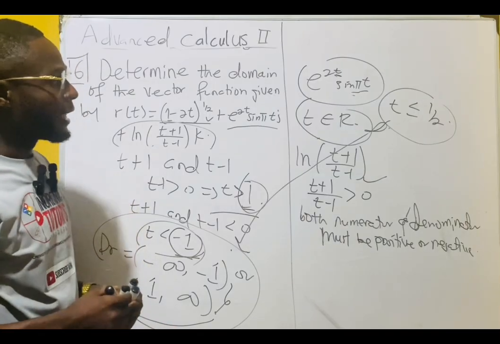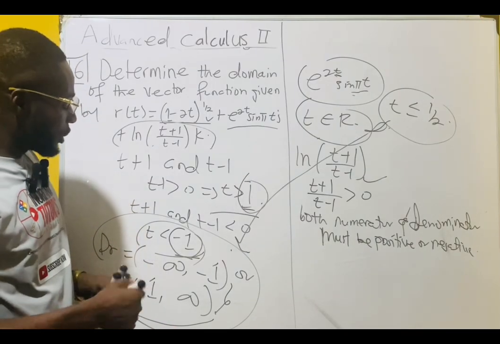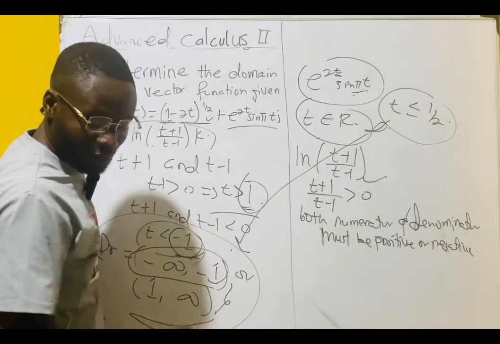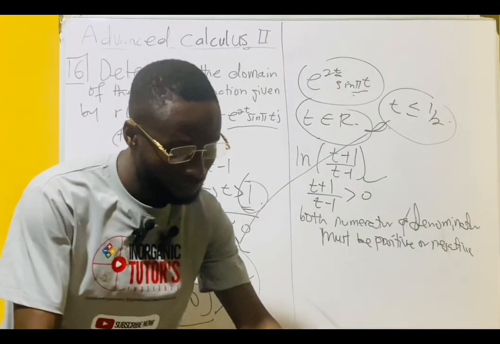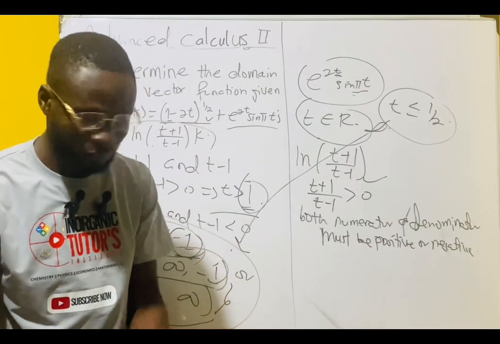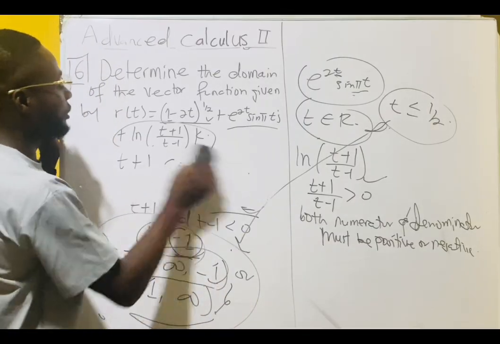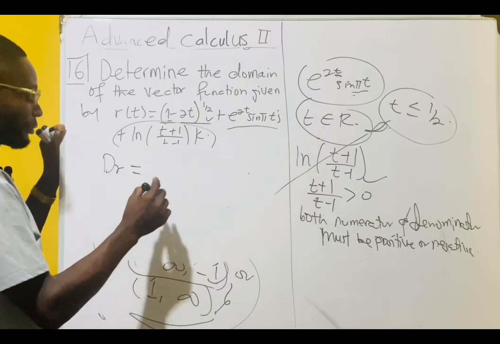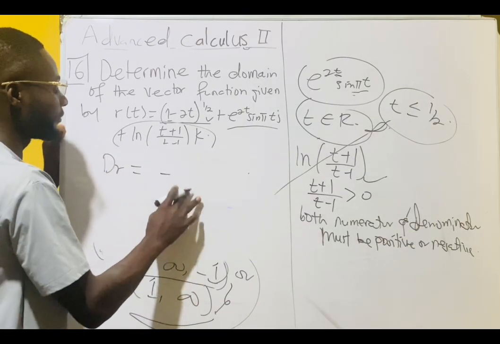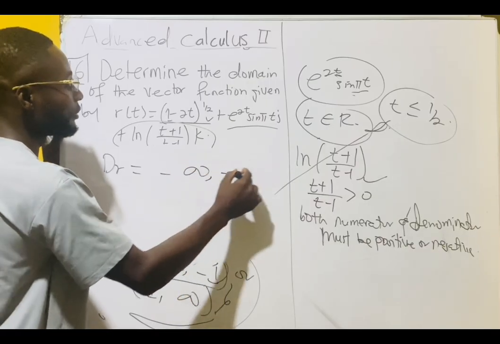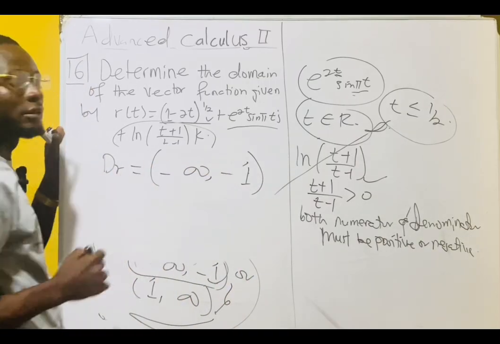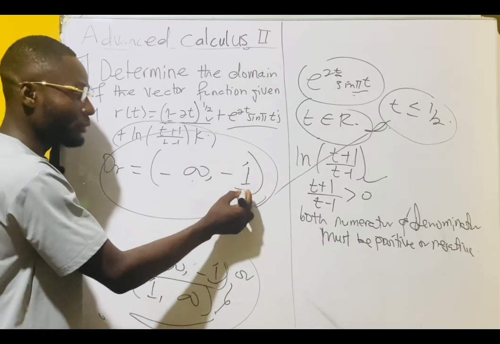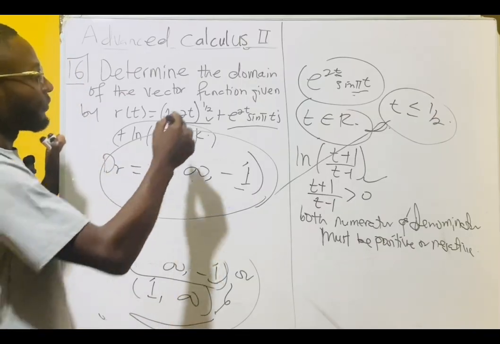So when we do that, it means that we're going to choose their intersection, right? So we will say that the domain will be equal to negative infinity to negative 1 exclusive for this particular function.